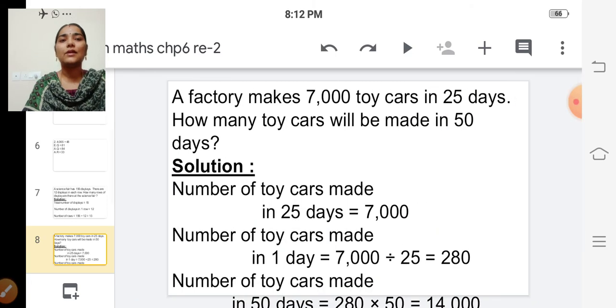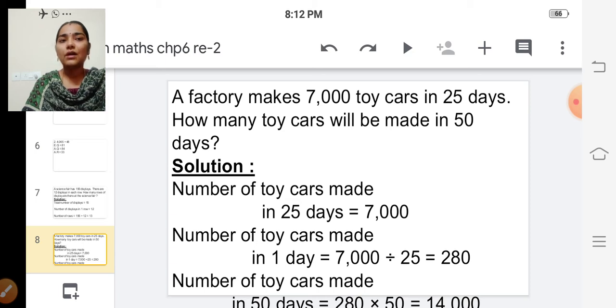Yes. The next one. A factory makes 7,000 toy cars in 25 days. How many toy cars will be made in 50 days? So in 25 days they make 7,000 toy cars.